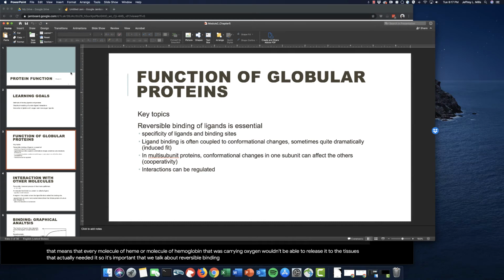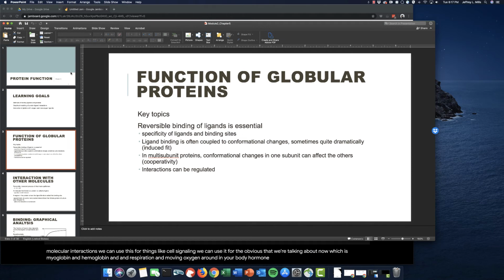This is a very important area of biochemistry, of protein interactions, of molecular interactions. We can use this for things like cell signaling. We can use it for the obvious that we're talking about now, which is myoglobin and hemoglobin and respiration and moving oxygen around in your body.